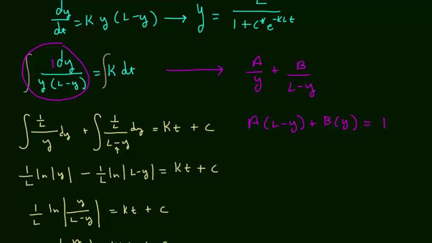System of equations, well, let's see, (B minus A) is the coefficient of y plus the constant AL has to equal 1. That tells me that B minus A equals 0 and tells me that AL has to equal 1. Therefore, A has to equal 1 over L, and also B has to equal 1 over L.